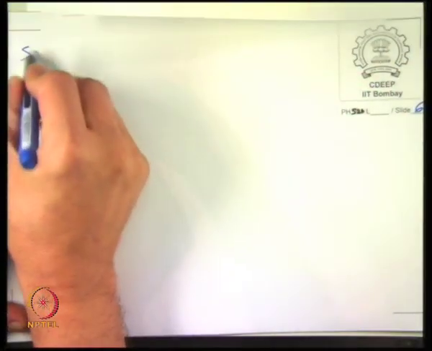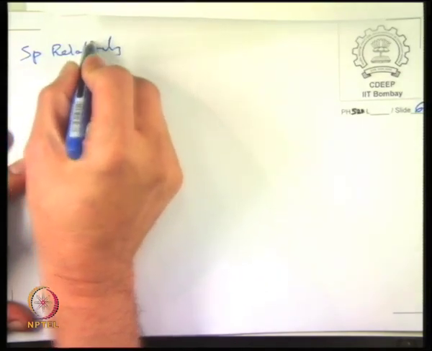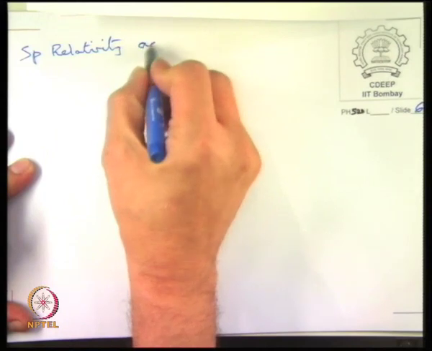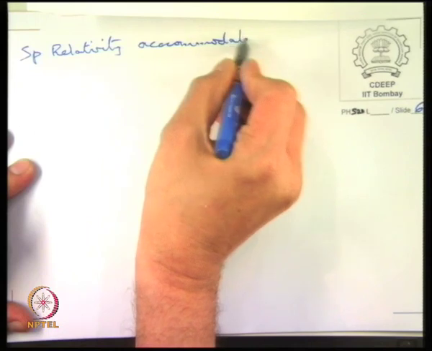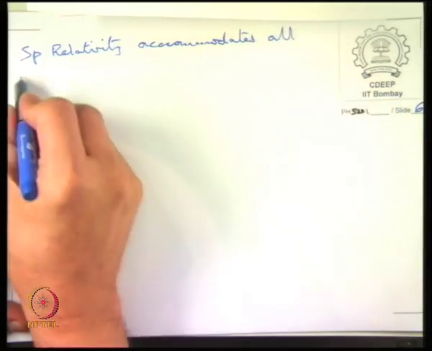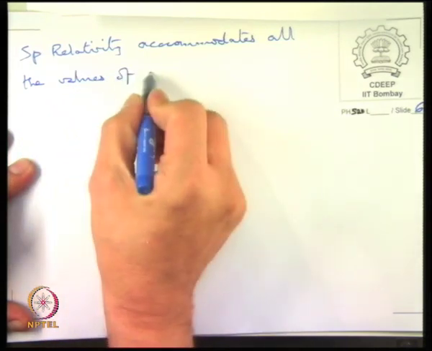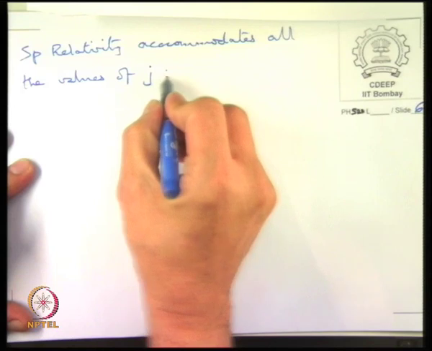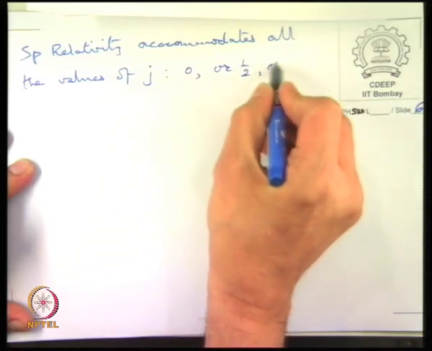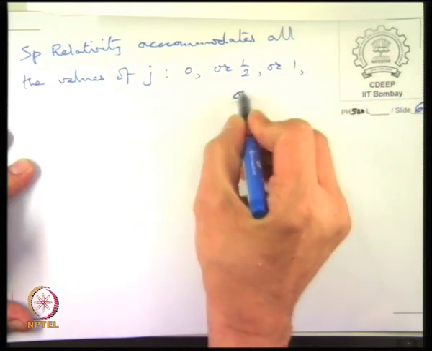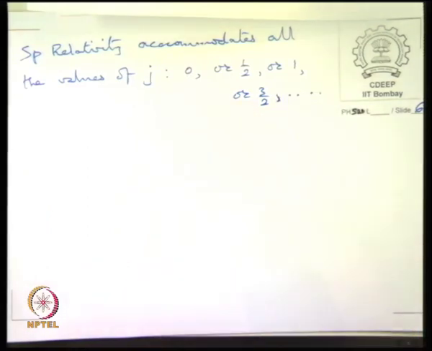So it accommodates all values of spin. This much statement I can make. Of J, 0 or half or 1 or 3 half, etc. So this 3 half and higher things usually occur in nuclear physics.